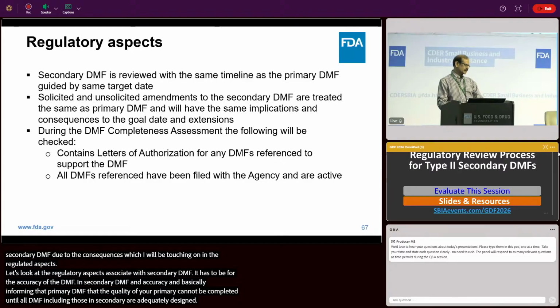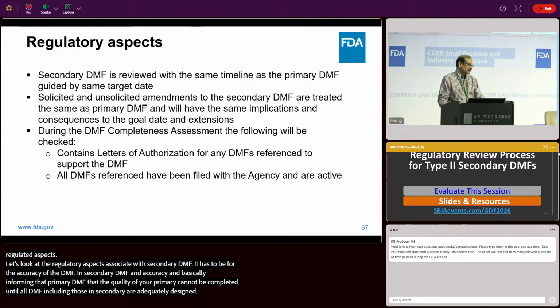And most importantly, secondary DMFs are reviewed with the same timeline as the primary DMF, guided by the same target date. Hence, solicited and unsolicited amendments to the secondary DMF are treated the same as the primary DMF and will have the same implications and consequences to the goal date extensions.